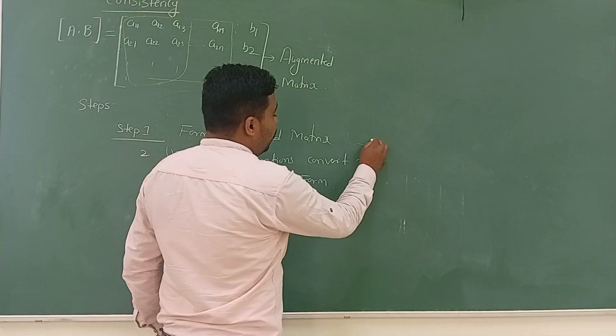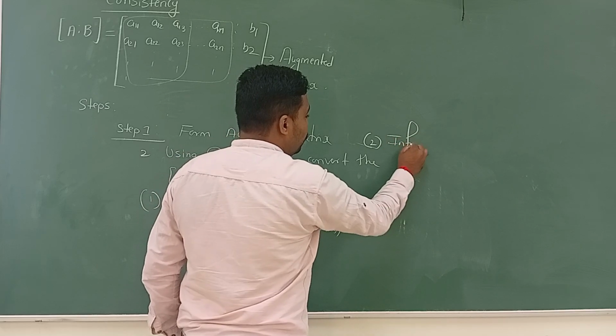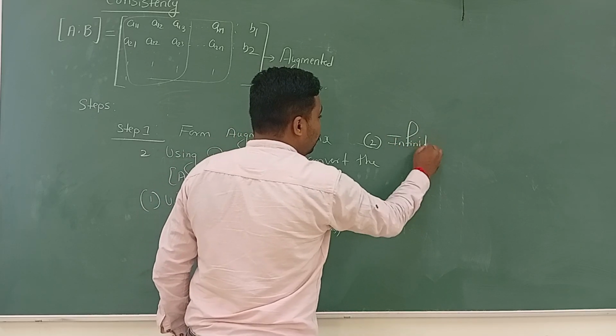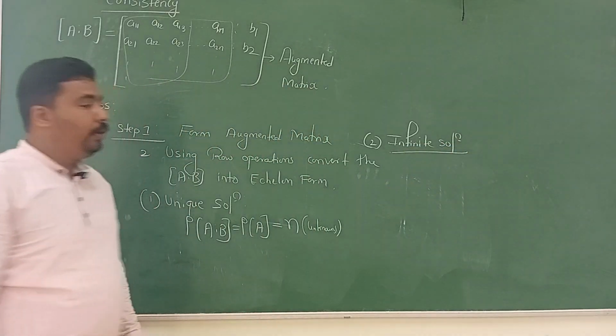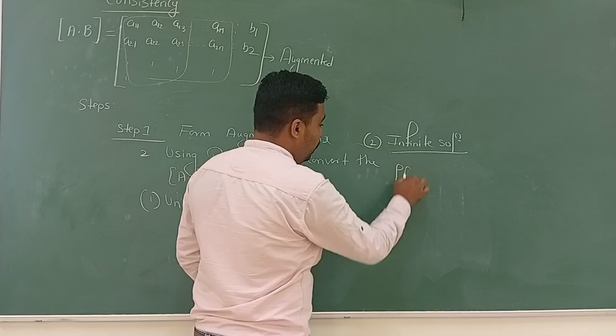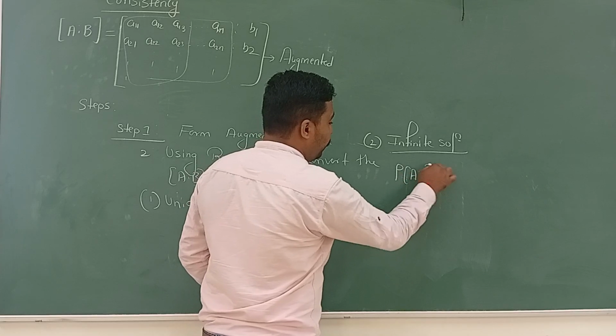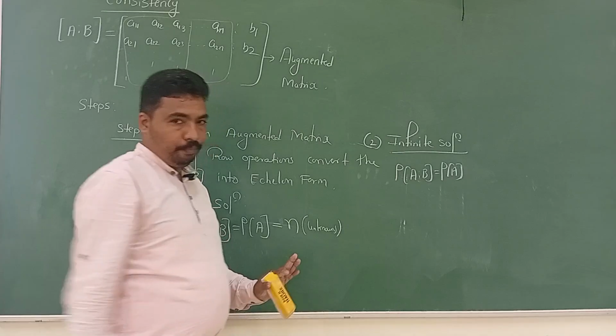Then the second point is infinitely many solutions, or infinite solutions. When is infinite solution possible? When the augmented matrix rank and the coefficient matrix rank are both the same.